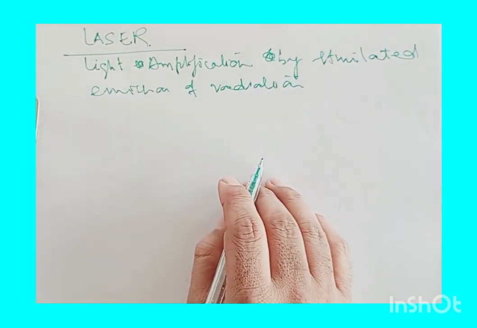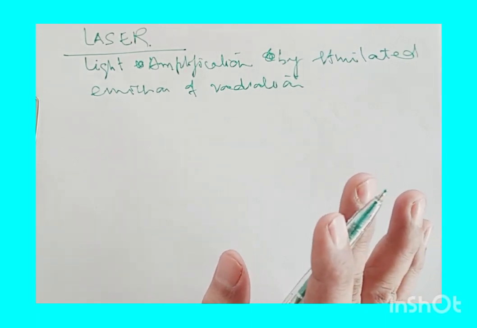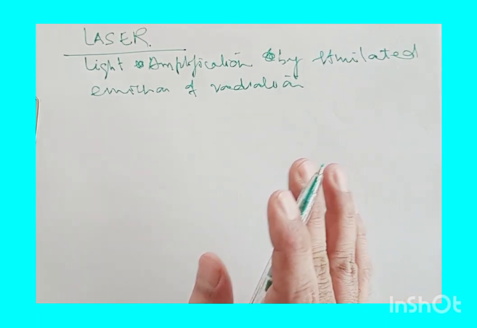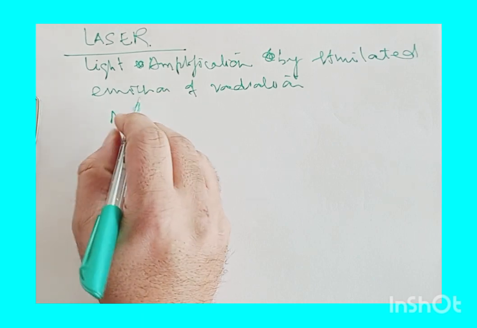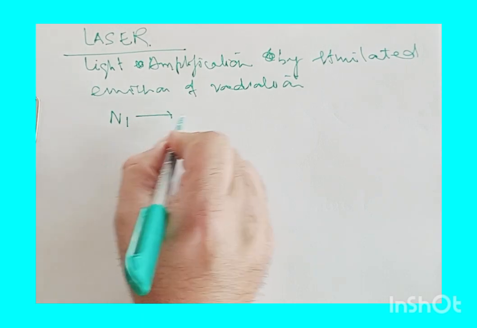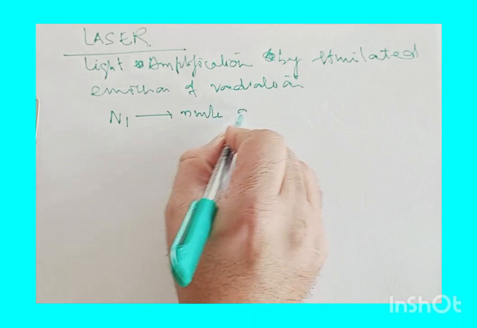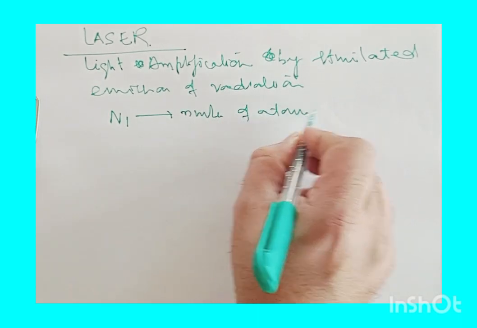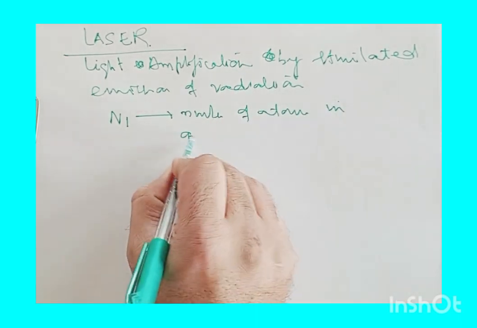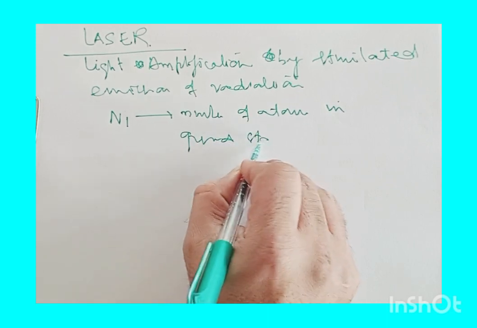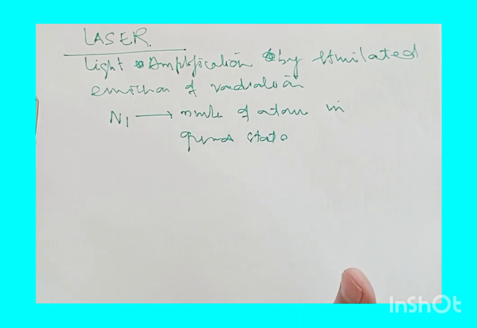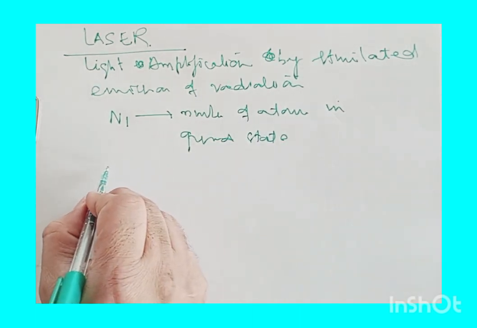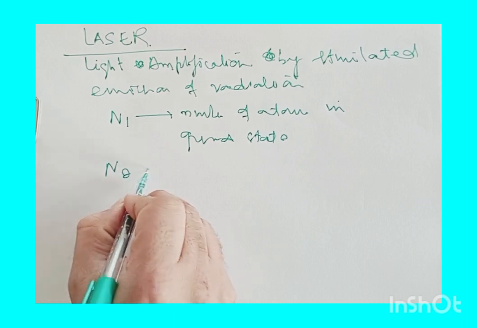Now, if we think about a system which is in equilibrium, suppose at equilibrium we have n1 number of atoms in ground state at thermal equilibrium, and the number of atoms in the excited state is n2.